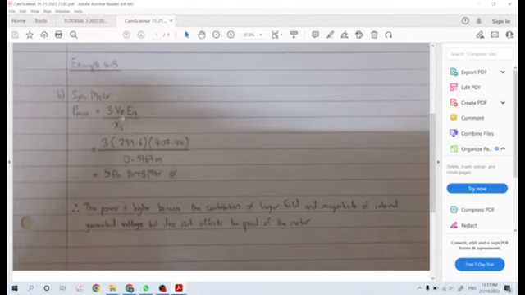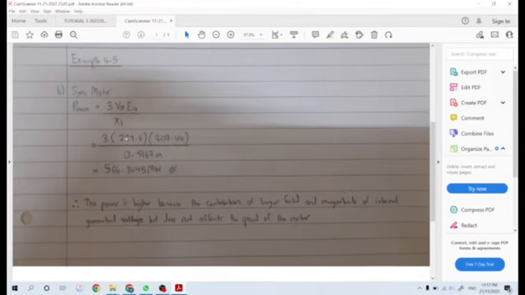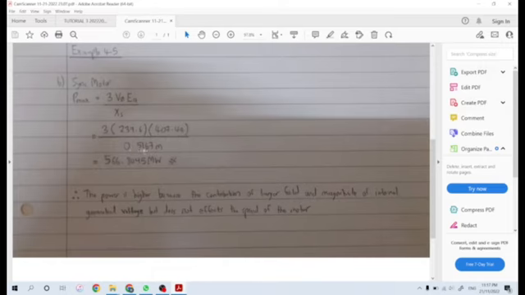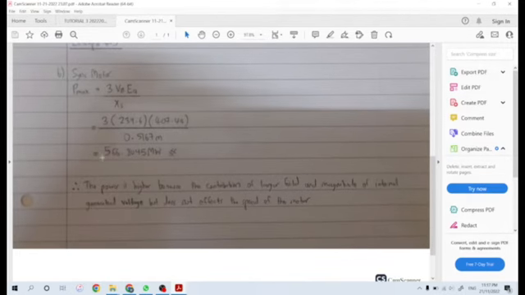So 3 times V phase 239.6 times EA 407.44 over XS 0.5167 milliohm. This value we got from question A, and it's equal to 566.8045 megawatt.